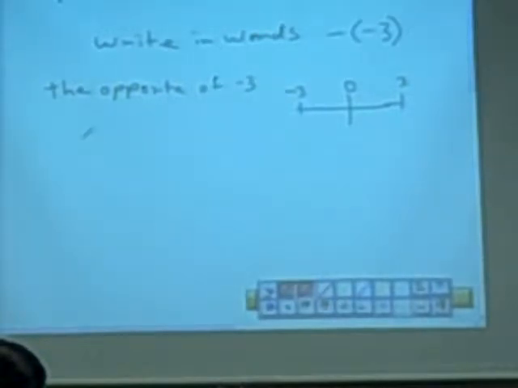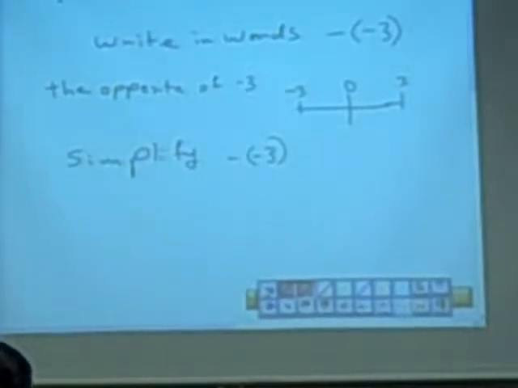So if we wanted to simplify minus a negative 3, we could use the property of subtraction. Make the minus sign a plus, change the sign of the next term, and what we have here is 3.